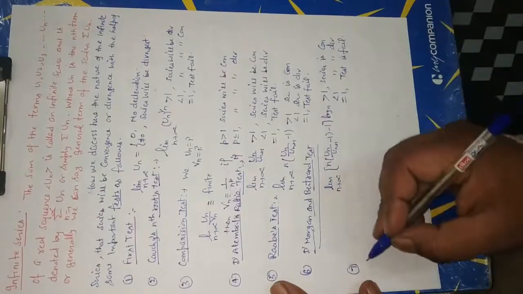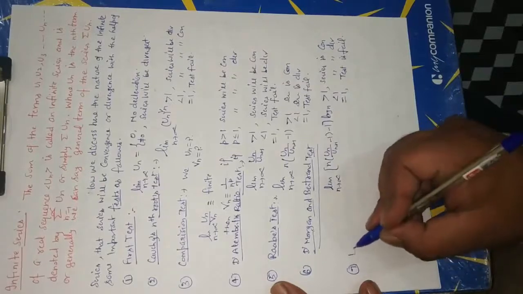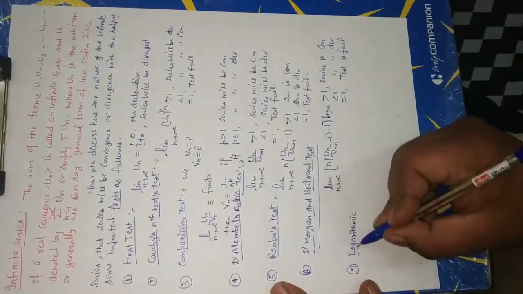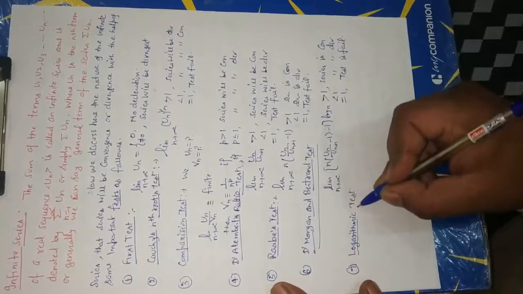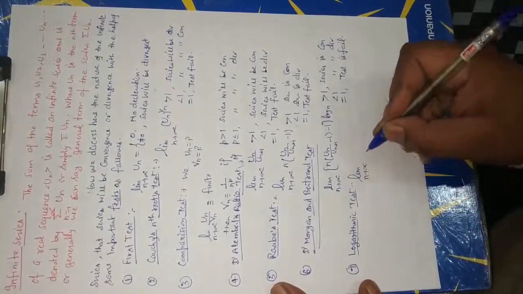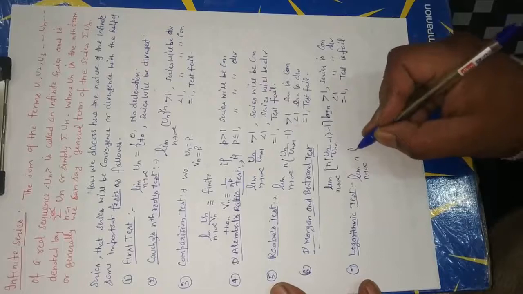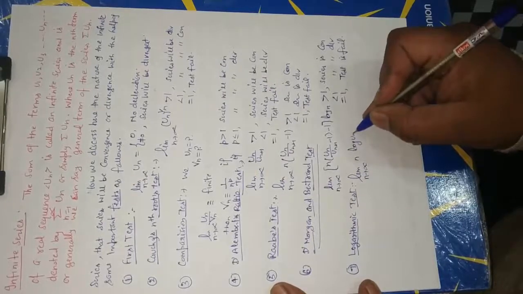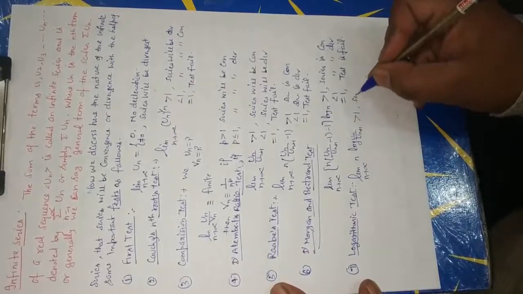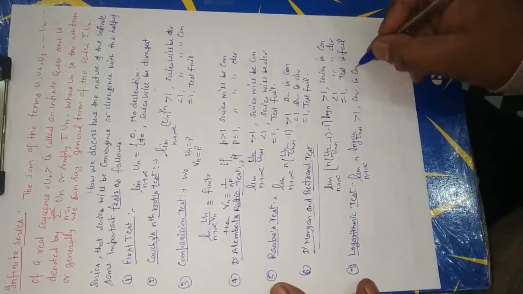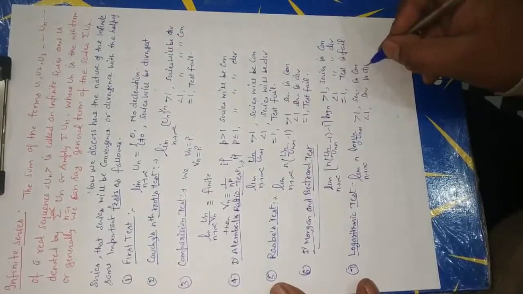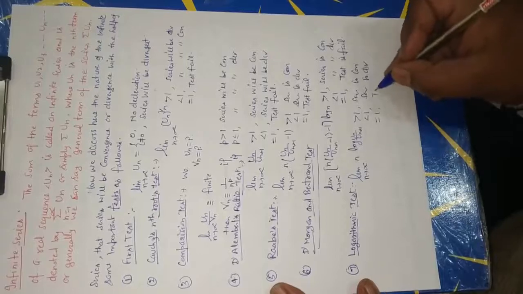Now, the seventh test, logarithmic test. The test is limit n tending to infinity n log (un upon un plus 1), greater than 1, the series is convergent. Less than 1, the series is divergent, equal to 1, test fails.